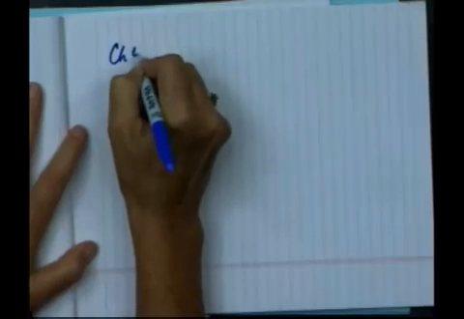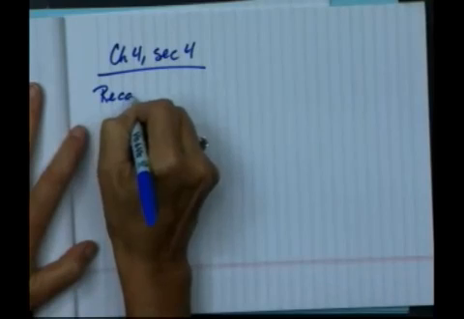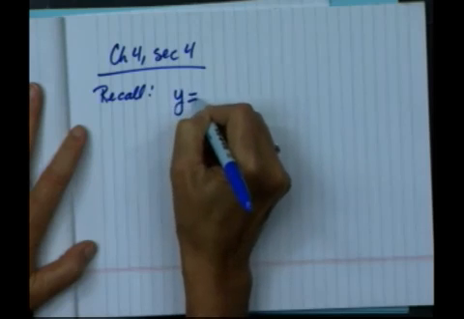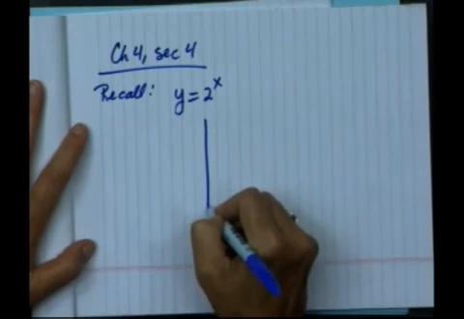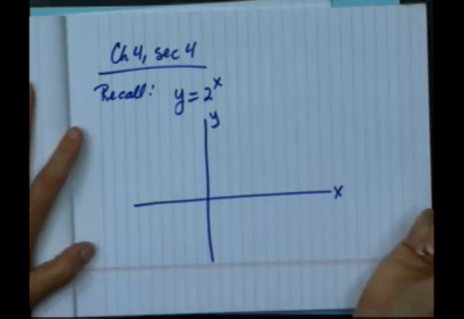All right, so the first thing we want to do is go back to what we already know. Let's do a recall. Let's go back and just sketch the graph of y equals 2 to the x. All right.